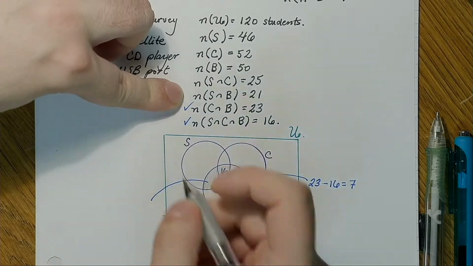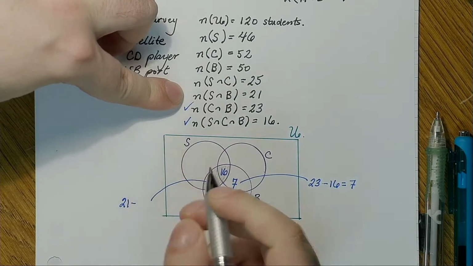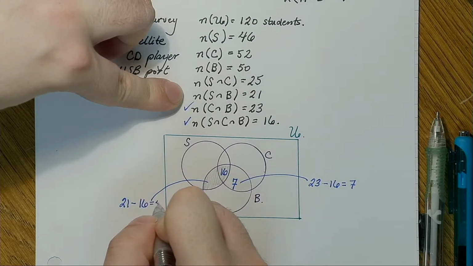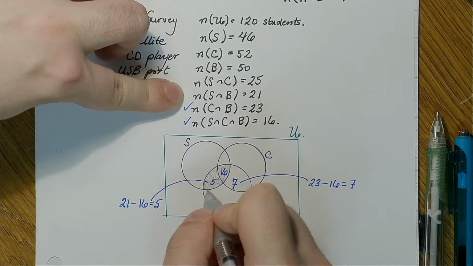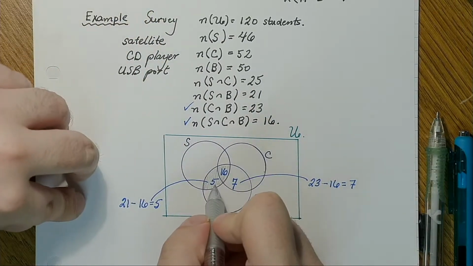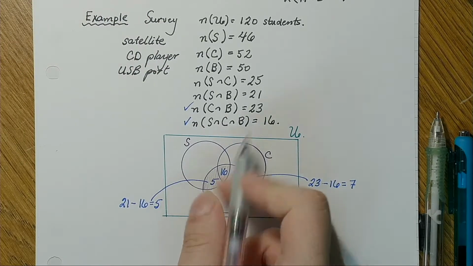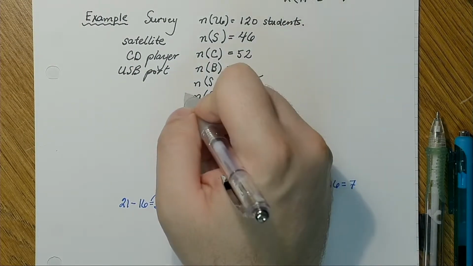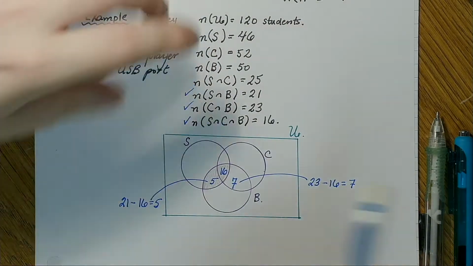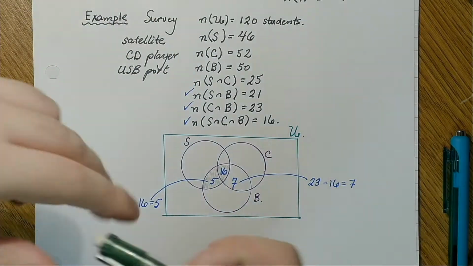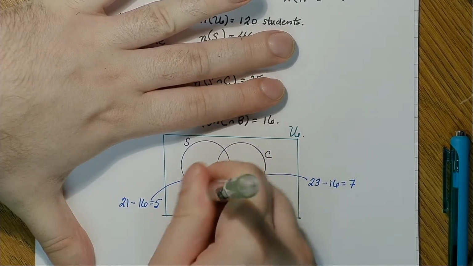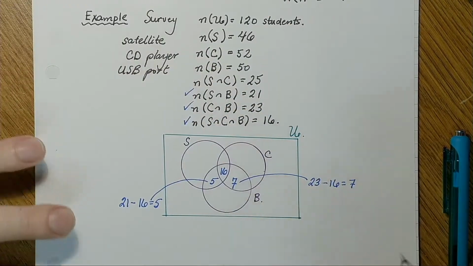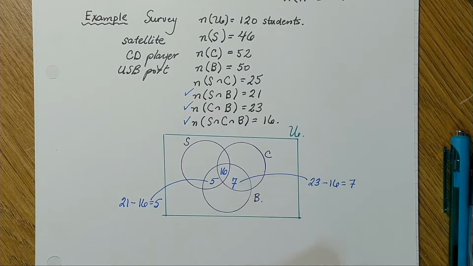So you have 21 minus 16, which is 5. So you will have 5 students in just kind of that region there. So that when you add them up, 5 and 16 gives you 21. So let's just erase this section here. Now you don't have to like shade this in. I'm using this for illustrative purposes.